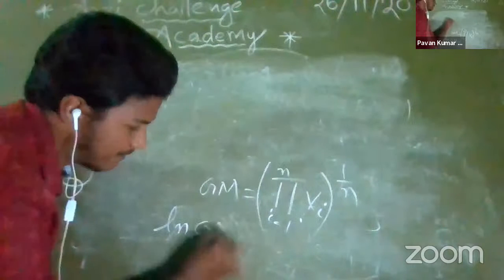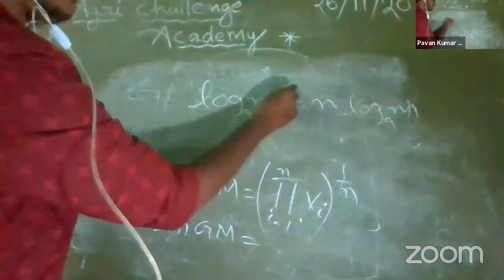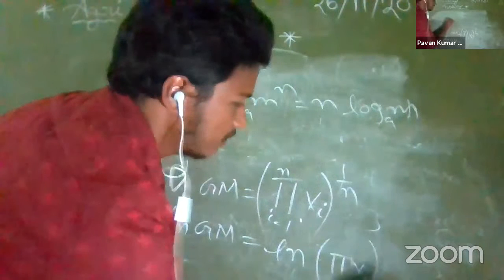So here ln of the product of xi whole raised to 1 by n, this power comes first.